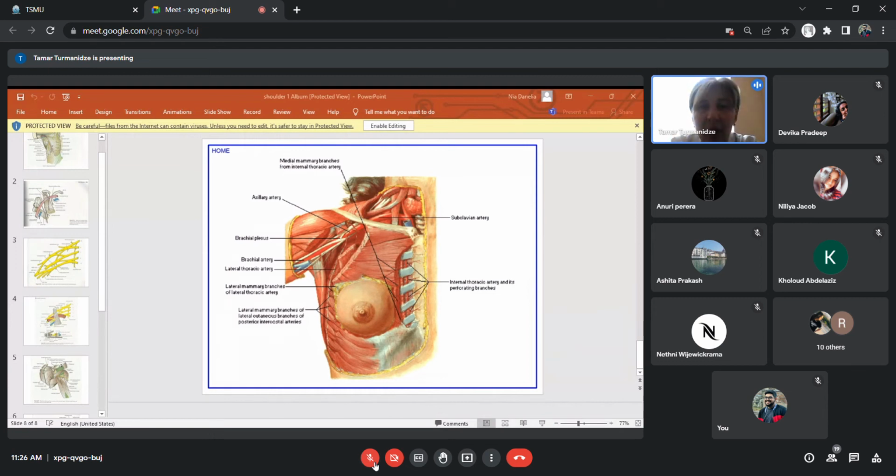Tracheostomy, what does it mean? Tracheostomy means to make what? Fistula on the trachea. What is the indication of this operation? When is tracheostomy operation done? When there is asphyxia, when there is no air passage into the trachea.